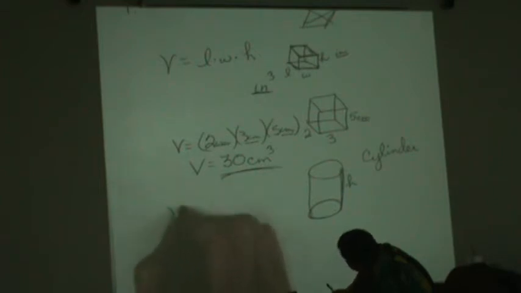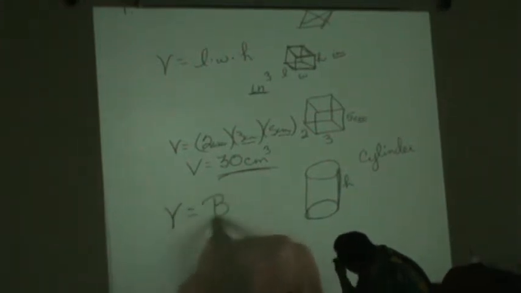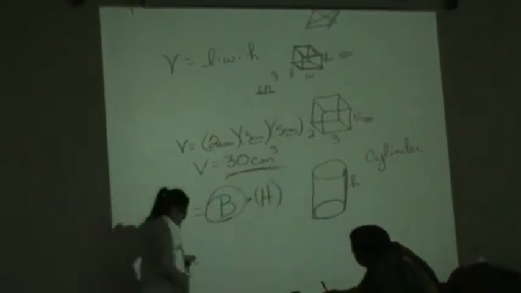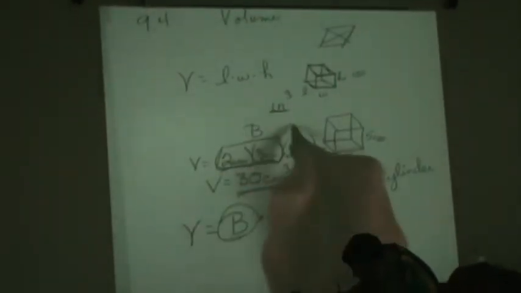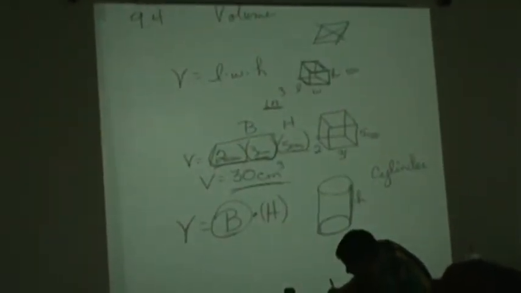All volumes are how big your base is times how high it goes. See, the base of this was 2 by 3, wasn't it? 2 times 3, the height was 5. That's the base times how high it went.